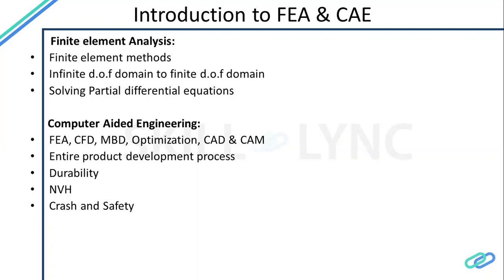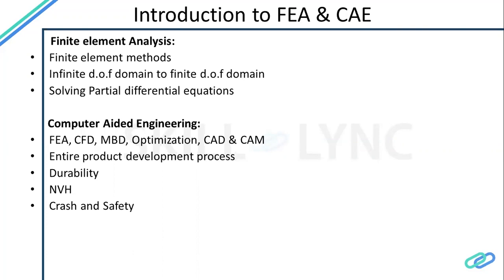NVH is noise, vibration, and harshness. Almost all the automobile industries use this method to produce vehicles with a user friendly environment inside the cabin. Inside the car, if the noise coming from the outside is heavy, the person sitting inside the vehicle may feel weird.